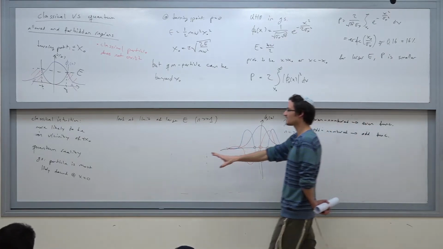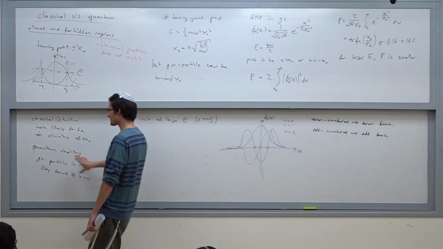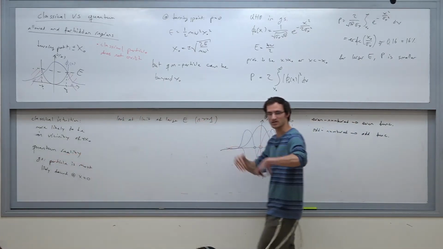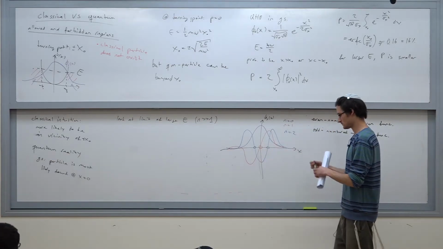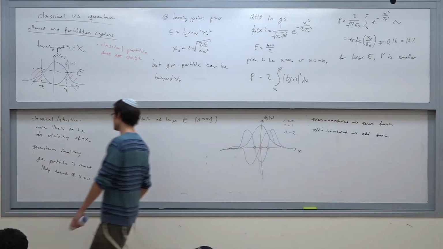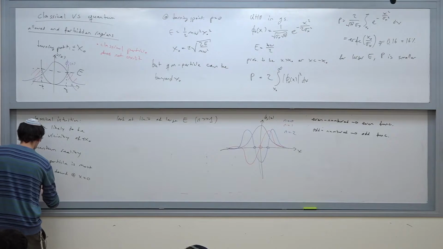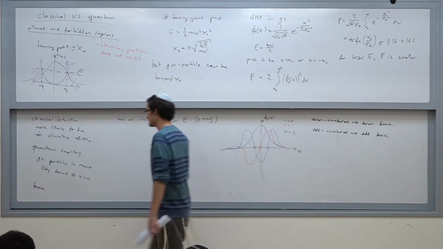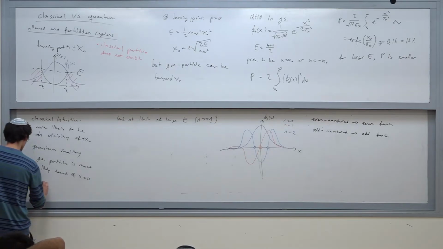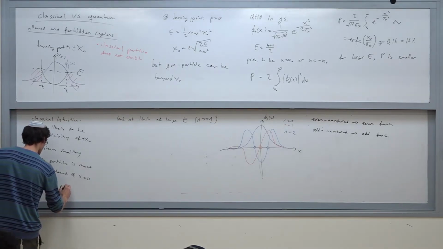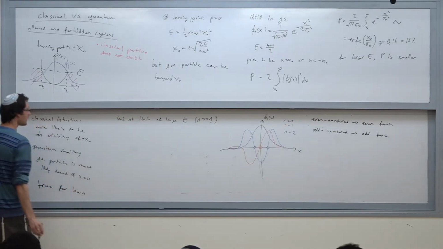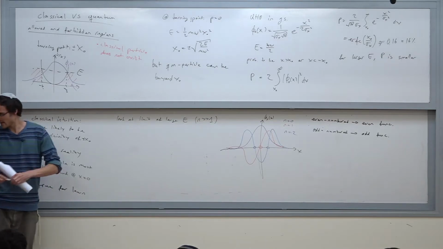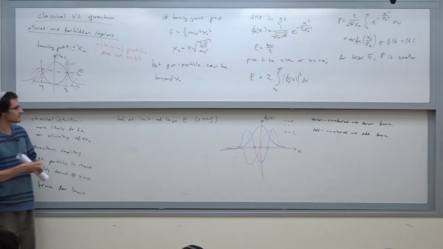So this quantum reality is true for the ground state and the lower states, true for low n.